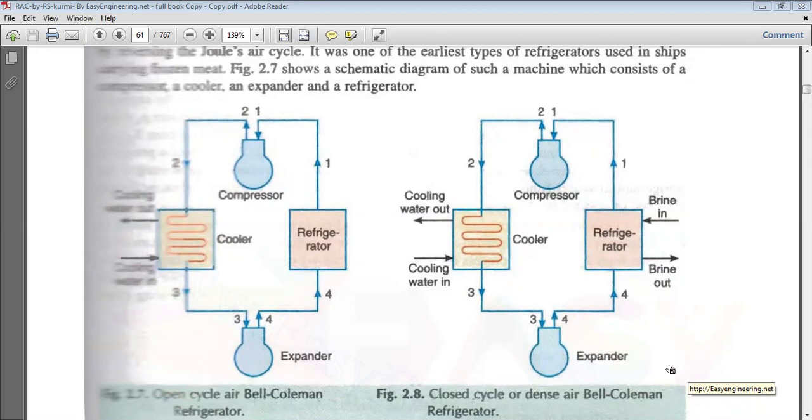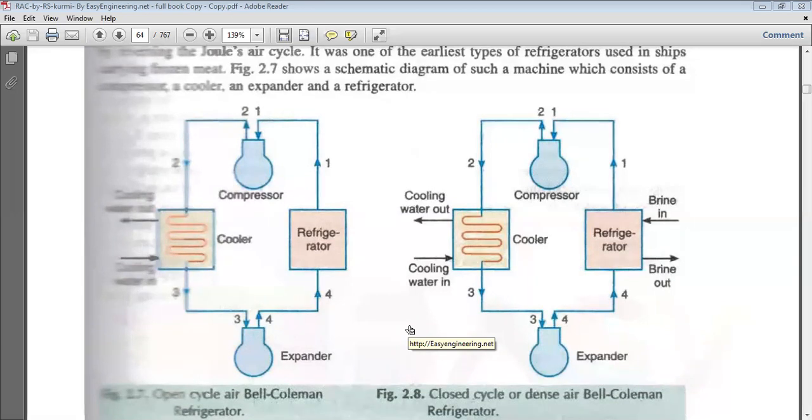Therefore, the Bell-Kalman refrigerator consists of four components. One is the compressor. Next is the cooler or heat exchanger, which is used for cooling the hot compressed air. Next, the expander, where we expand from high pressure to low pressure.